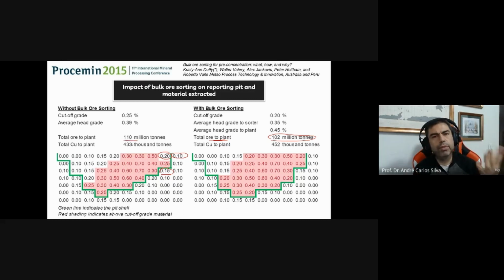Well, we reduce the amount of material. Yes, we reduce 8 million tons. But taking a look at the total copper to be sent to the plant, from 433 up now to 452. So yeah, we have gains on that, and that's why we can reduce costs, and that's why this paper is so nice. I strongly recommend you take a look at this paper.